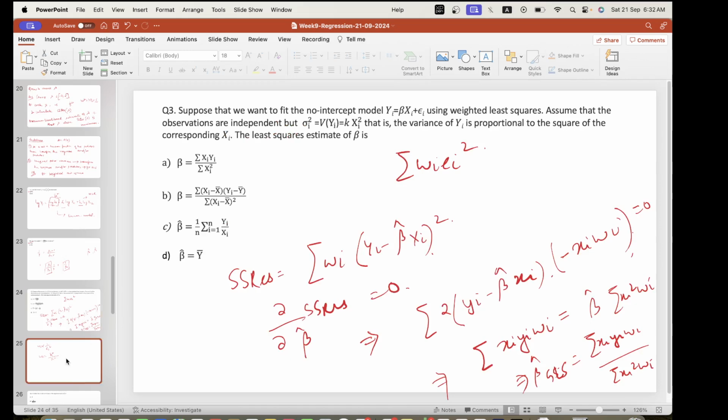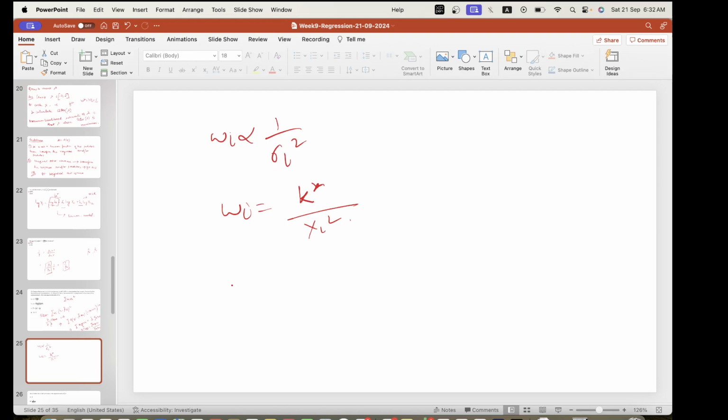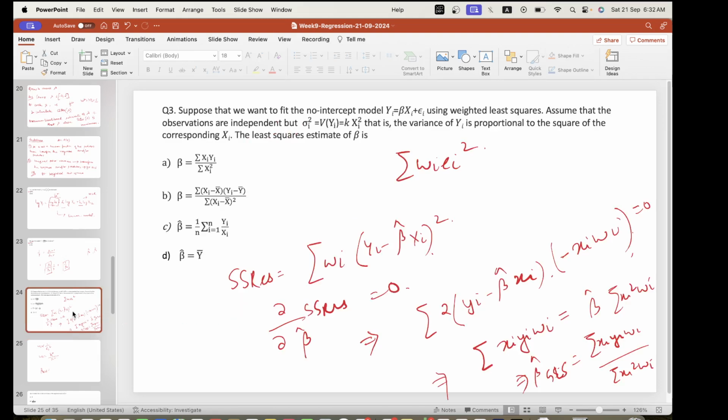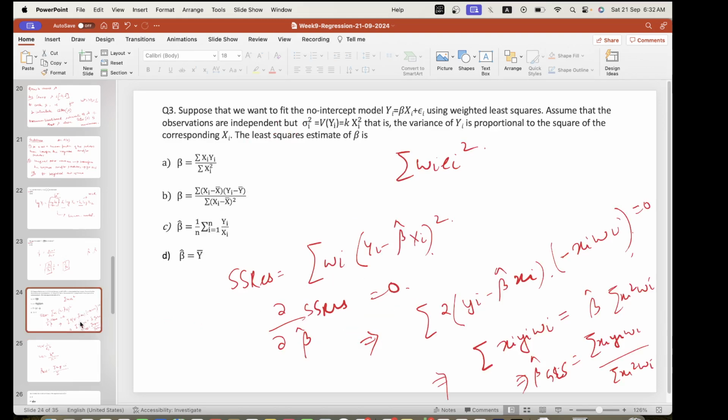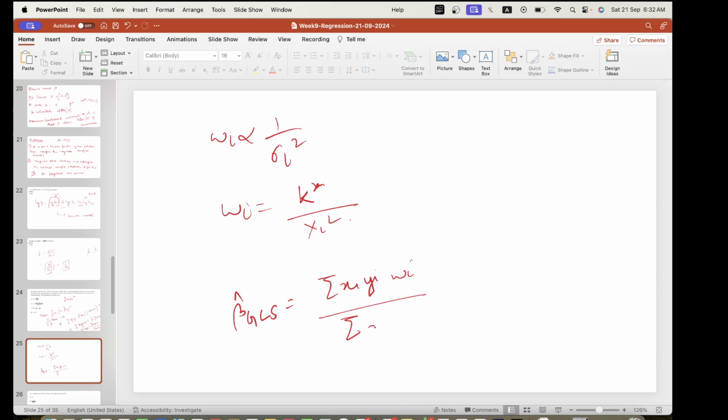We have beta hat equal to summation xi yi wi by summation xi square wi. So wi is this thing, so we'll put it here.